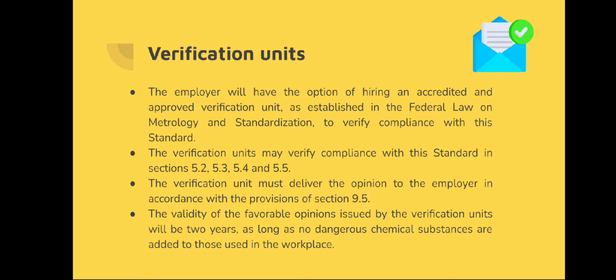The verification unit must deliver the opinion to the employer in accordance with the provisions of Section 9.5. The validity of the favorable opinions issued by the verification units will be 2 years, as long as no dangerous chemical substances are added to those used in the workplace.